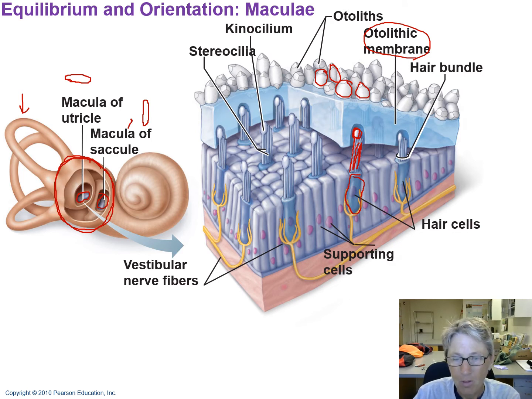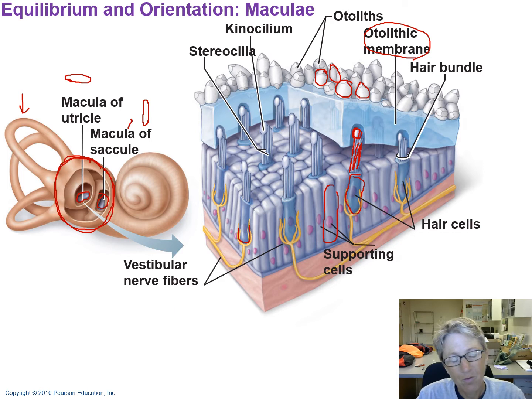And then there are also support cells that help support the hair cells, and the vestibular nerve fibers are here. So here would be parts of the vestibular nerve wrapped around the base of the hair cell.